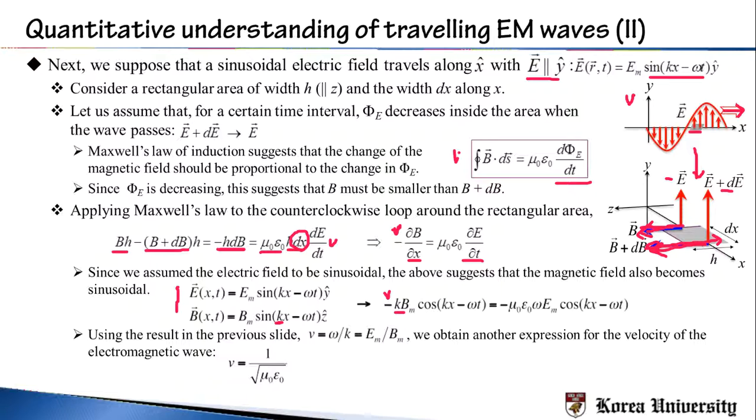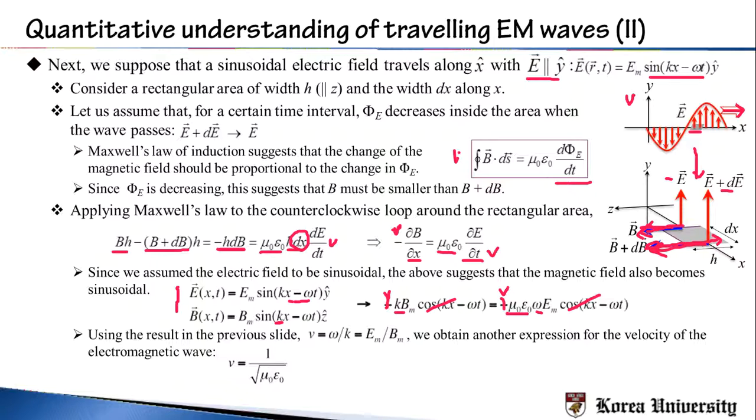Again, for the electric field, you have the same constant, and when you take the time derivative, minus omega will come out, so you have minus omega. Okay, and then sine becomes cosine. So finally, you can drop these two minus signs, drop the cosine, and summarize.